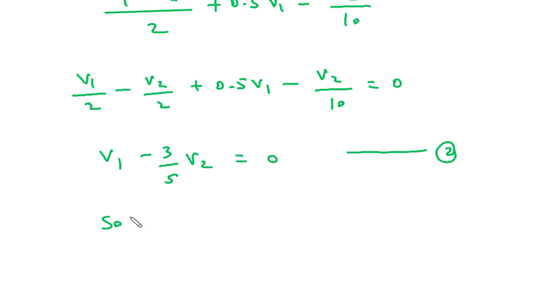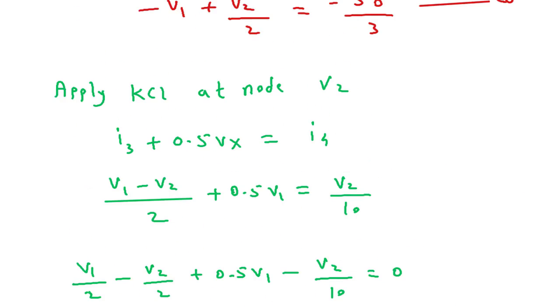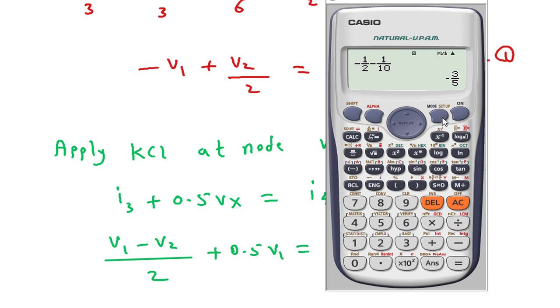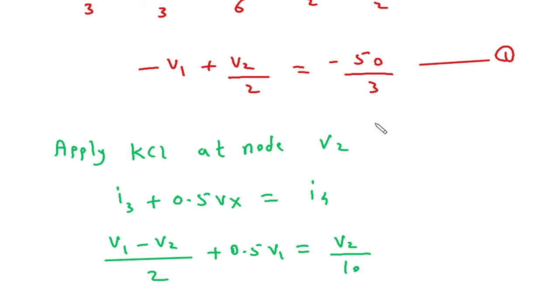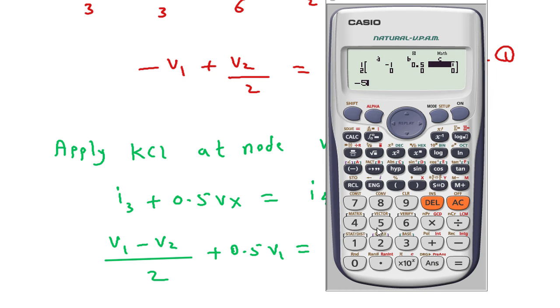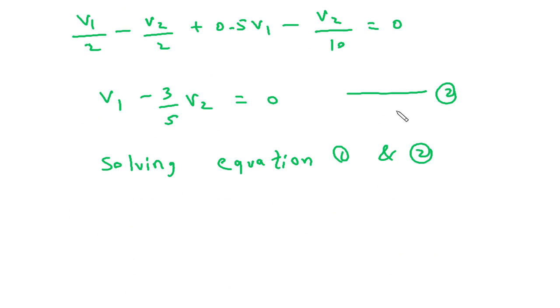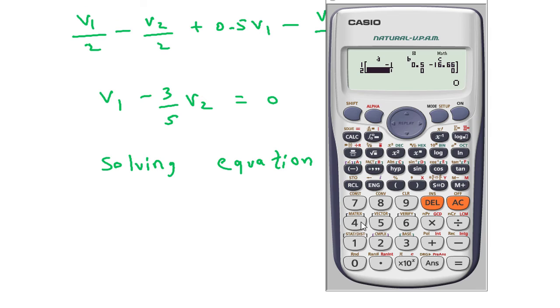Now solving equation 1 and 2, we get the determinant, with the rows 1, minus 1 by 2, minus 50 by 3 and 1, minus 3 by 5, 0.